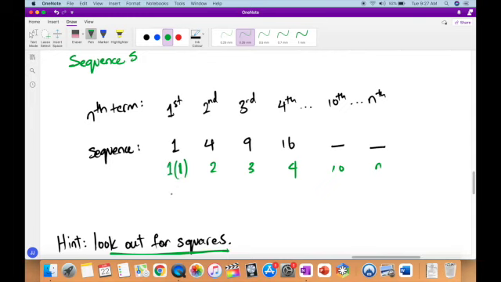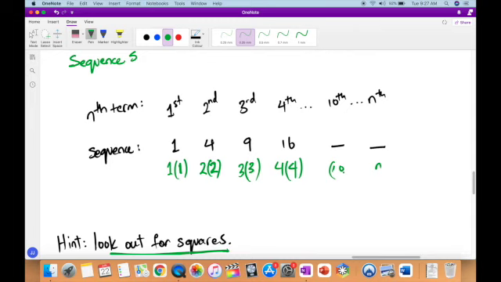Well, I can multiply by 1. What do I need to multiply by 2 in order to get 4? Well, I can multiply by 2. What do I need to multiply by 3 to get 9? 3. Hey, look at that. They're all square numbers. And so whatever n is, I multiply it by itself.